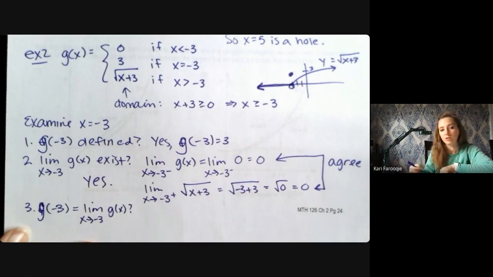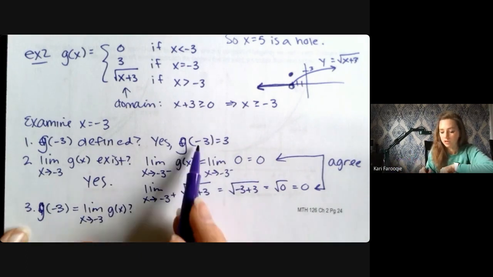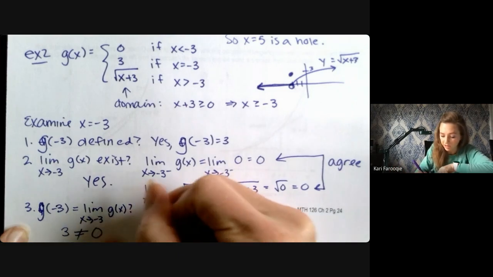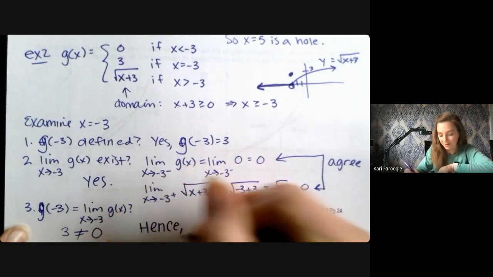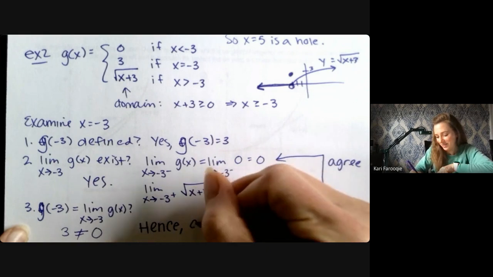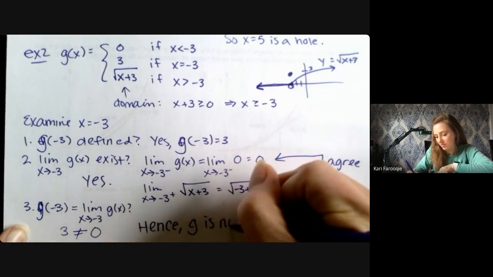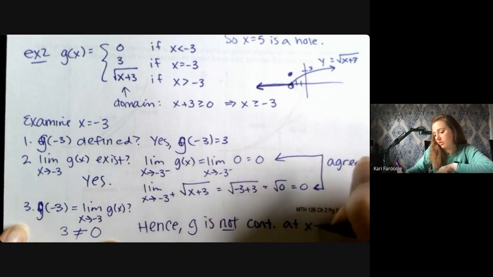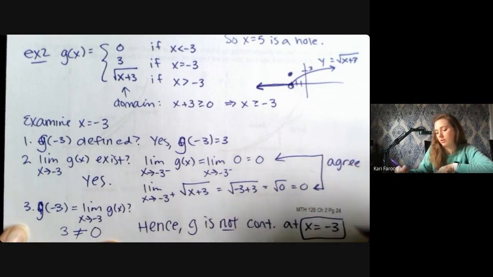And then you're going to check, and you're going to say, well, g of -3 is 3. Is that equal to this limit value? Nope. Because the function value is not the same as the value of the limit, we would say, hence, g is not continuous at x equals -3.